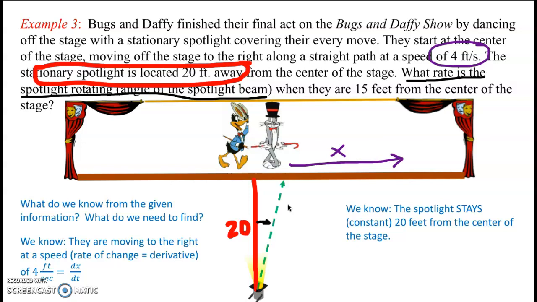As the light rotates, we want to know about that angle theta. What's happening to that? What is the rate of change of that rotation? So we need to find the rate of change of theta with respect to time.